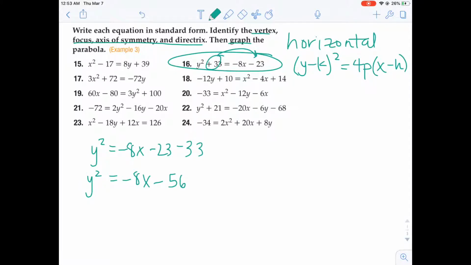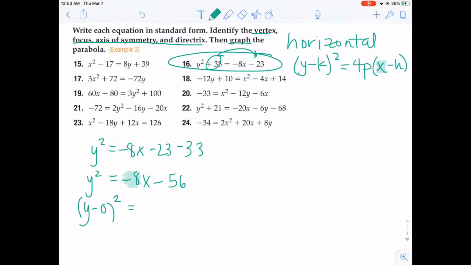Now, on the left-hand side, we're pretty much already set. We don't need to complete the square because this is really just y minus 0 squared, since there's no other y term. On the right-hand side, the one thing we want to notice is that there's a coefficient in front of x, and over here, there's no coefficient. We don't want a coefficient there.